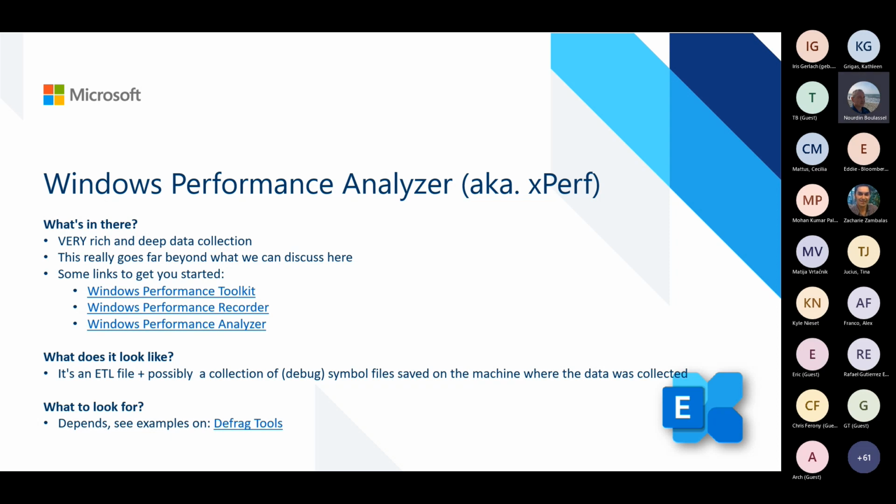For that special tool, very rich, very deep, you should really have a repro in place, because more than 30 to 60 seconds is usually not very useful, as the file that is going to be collected is just going into the gigabyte range in that 30 to 60 seconds, depending on the number of objects and configuration of the recorder that you choose.